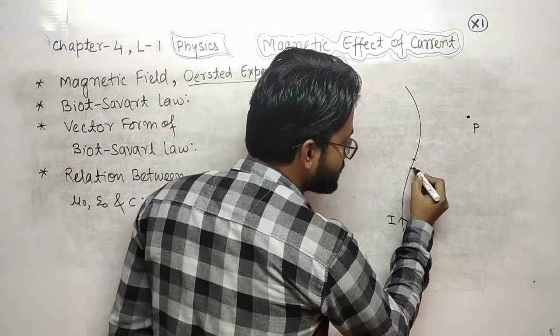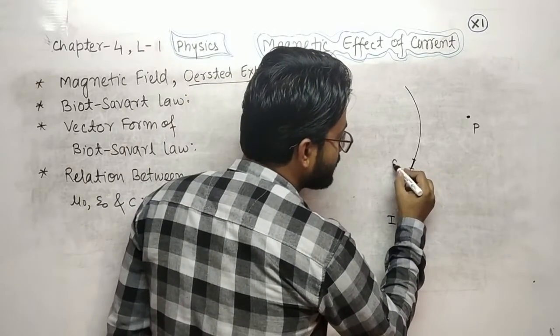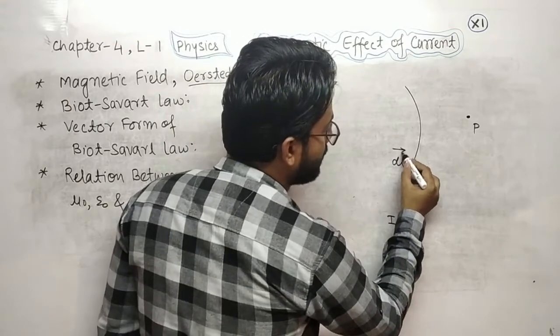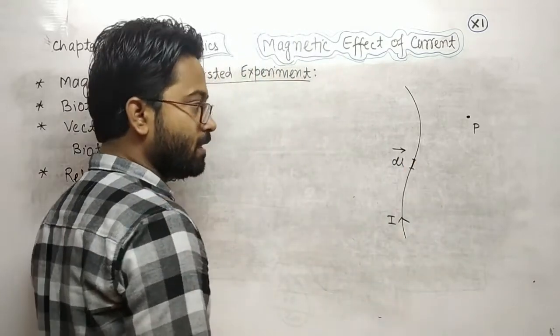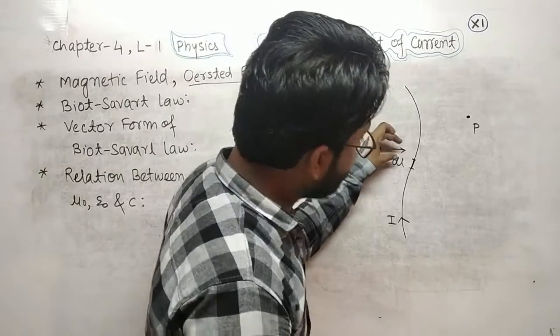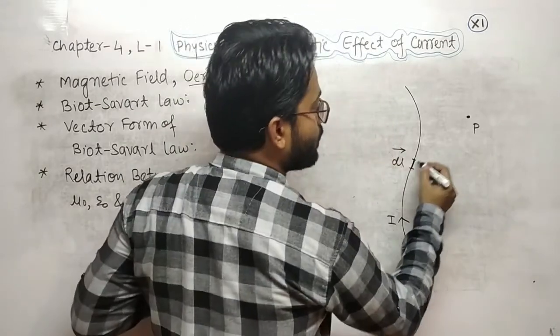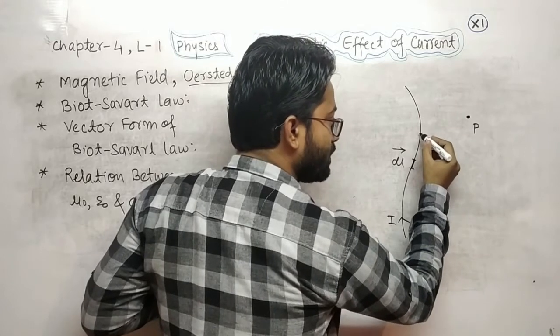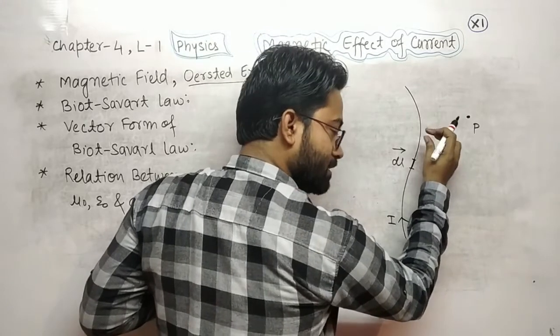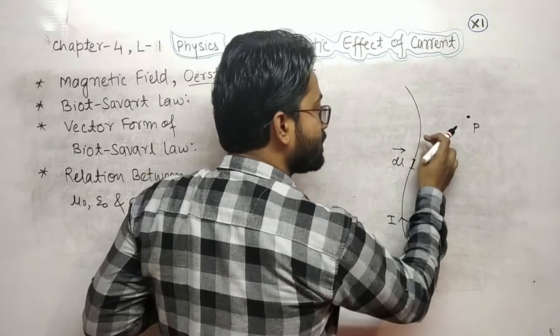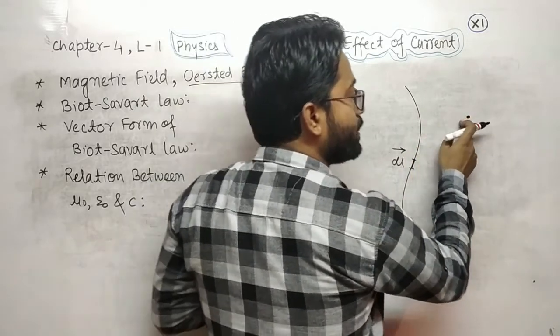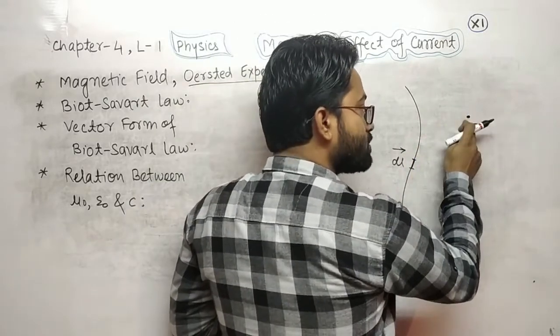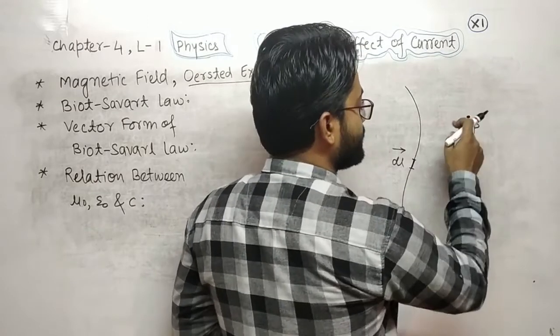Let us suppose this is the very small length, this is dl. This particular element will also produce a magnetic field at that point.